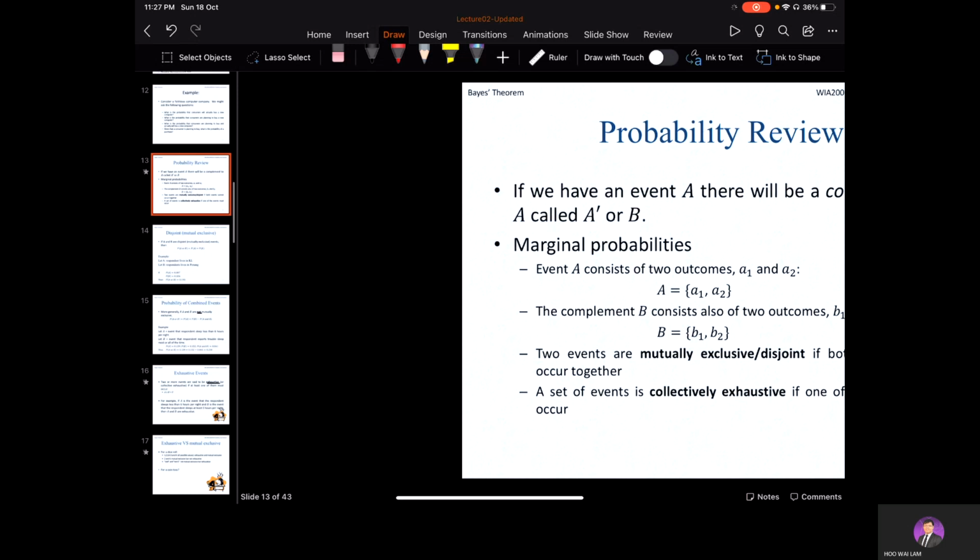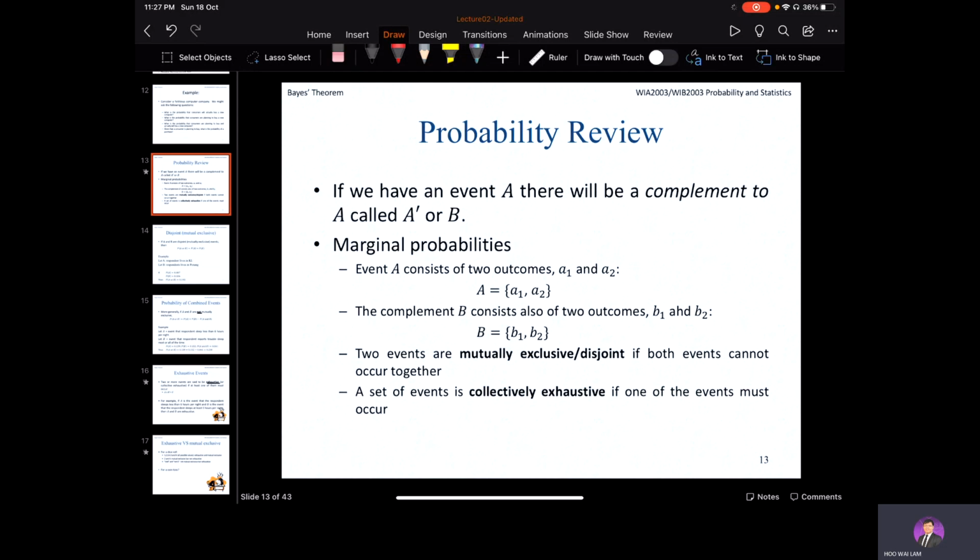So if we have an event A, there will be a complement to A, called A complement. In here, we need to know something called marginal probabilities. Marginal probability is important when you need to sum only a partial outcome of your events.